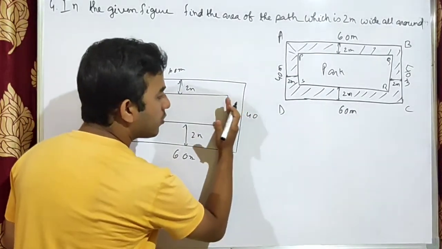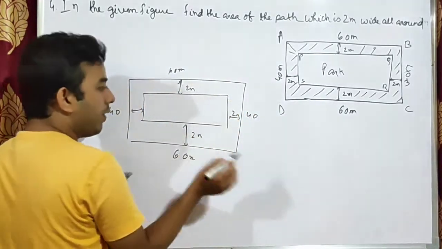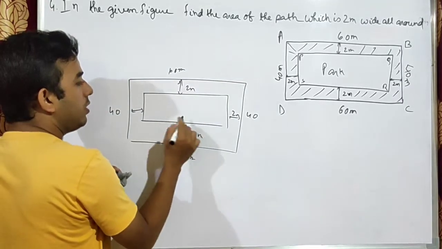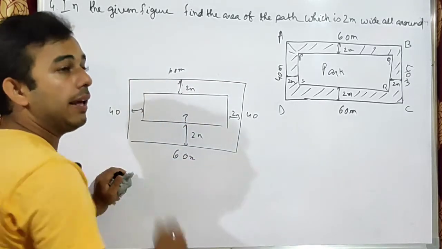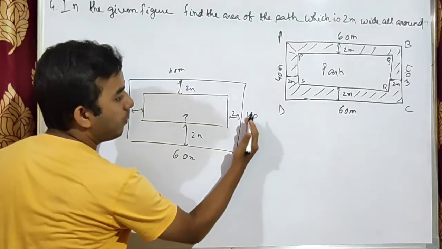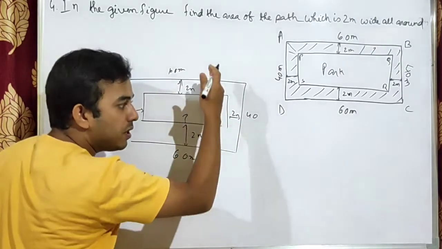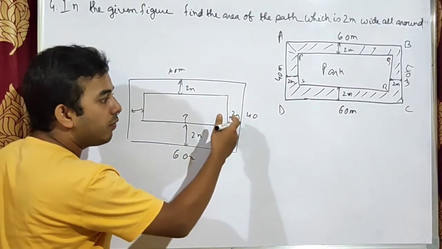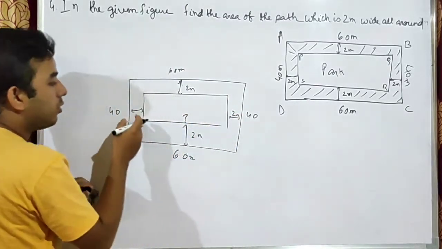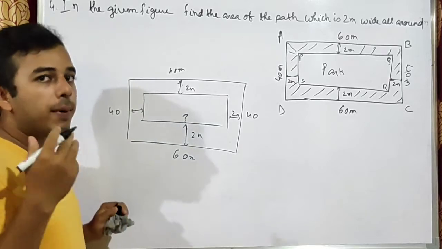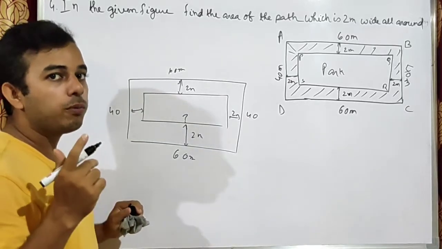Now look, this path is 2 meter wide, right? Now we have to find this length of the park. If I compress 2 meter from this side, and from this side also, that means if I cut down 2 meter from both sides, altogether how much have I cut? Altogether 4 meter, right?